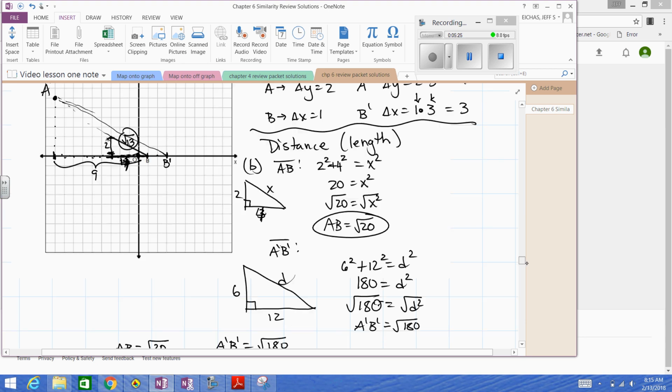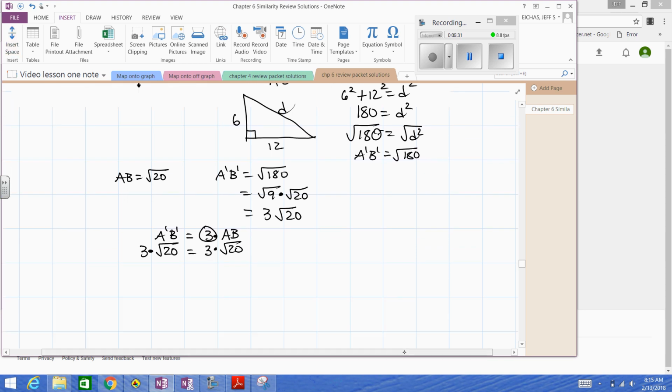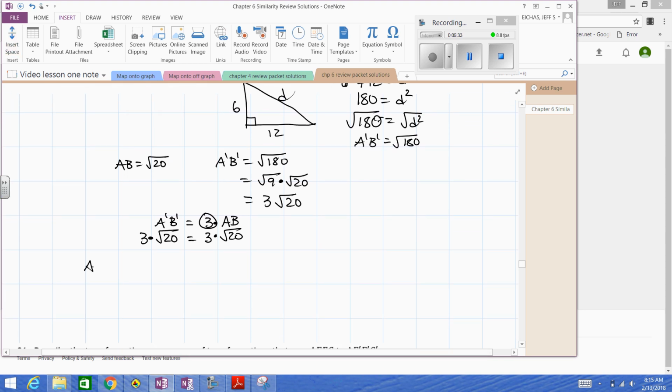Okay. Now, for part C, we have to show that AB is parallel to A prime B prime. That's done with slopes. So what we've got to do is get used to this coming up in a lot of different chapters. The idea of coordinate geometry.